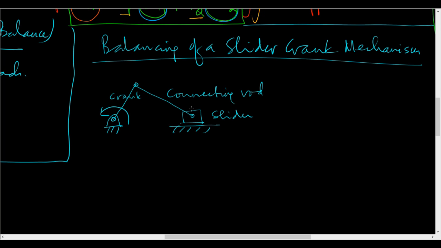Okay, so the slider oscillates. Now this length is R, this length is L, R by L is less than 1. It's significantly less than 1. As you may imagine, when this comes to this side, if L is close to R, then the slider will hit this hinge point, right? So it will get really very close.